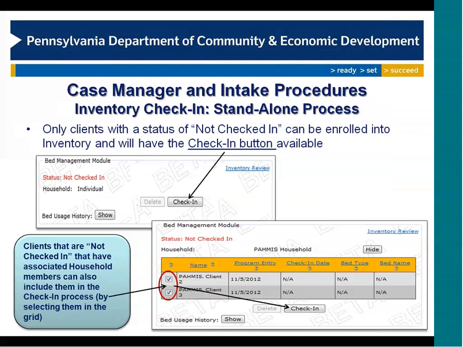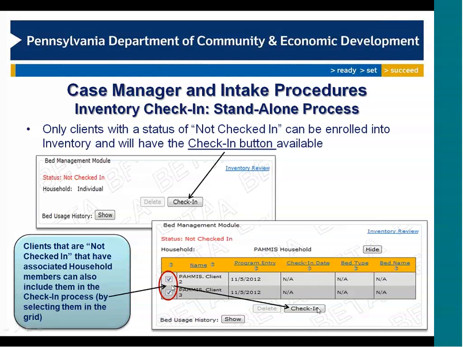Now, as we said, there are the functions directly within this bed management module, which you can do individually or with a household. If you're an individual person, you basically just click the check-in button. It's always available when the status is not checked in. It basically takes you through the process. Now, if you do have household members available, and you want to include them in whatever process you're doing, you just check these boxes.